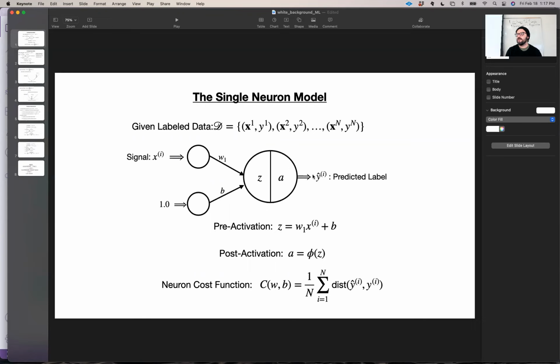Besides being classification and regression, the neuron model that we're imagining in our brain is the same. The only thing that differed between those two models was what? The activation function and the cost function. Those are the only two things that really differed between them.